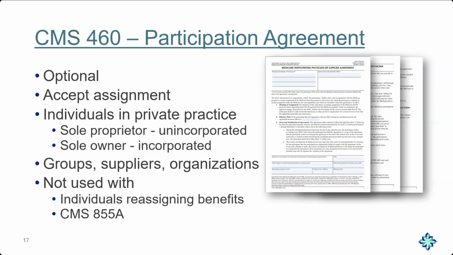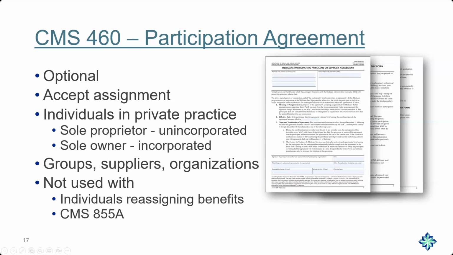This is a Part B concept. It's also not something that is asked of individuals that are reassigning benefits to an employer because their employer has to make the decision, and you will have providers that work for both participating and non-participating groups. So it's all driven off of the entity that is actually receiving payment, versus necessarily just the enrolling provider.